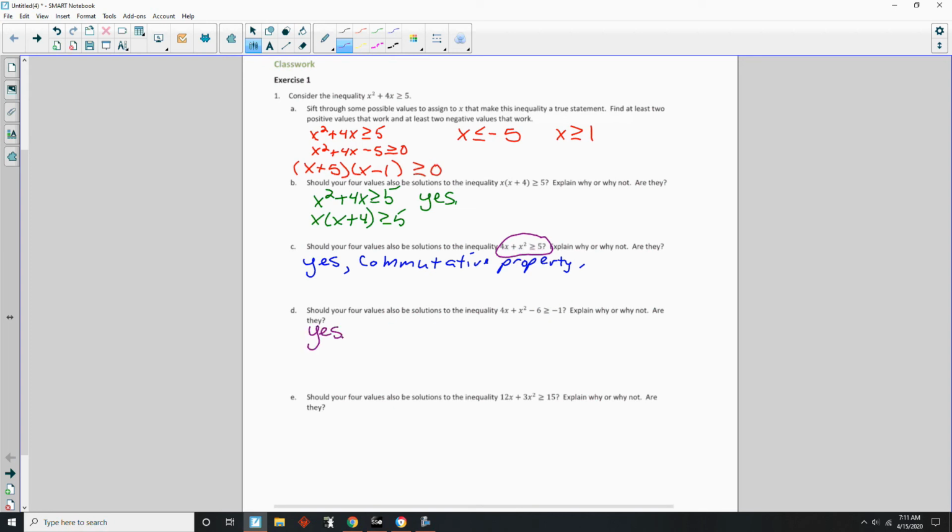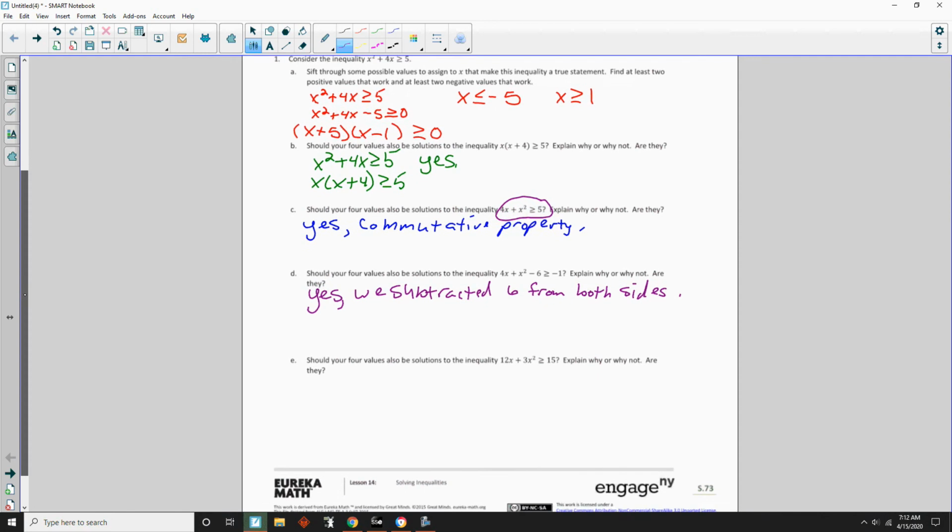They still should be solutions because we subtracted 6 from both sides. So what you do to one side, you do to the other. The inequality or equation would still have the same values for solutions. That is the subtraction property of equality.